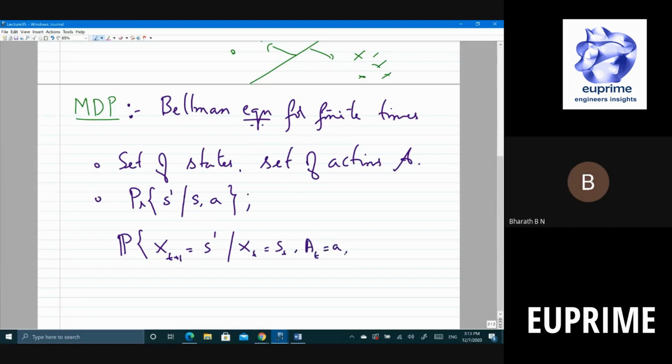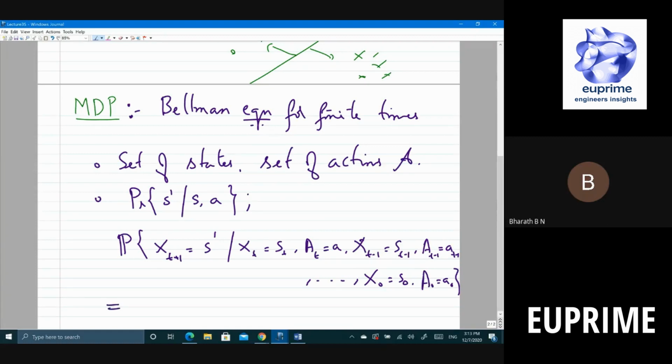You take a x t minus 1, you were in state s t minus 1, and the action that you took was, let's say, a t minus 1, and so on. At time 0 you were in S0, this is called the initial state, and at time 0 you took an action A0. So this is the conditional probability that you should be looking at in general.